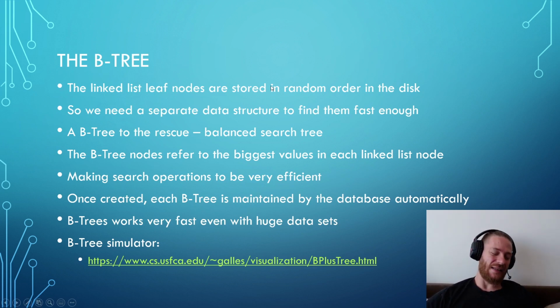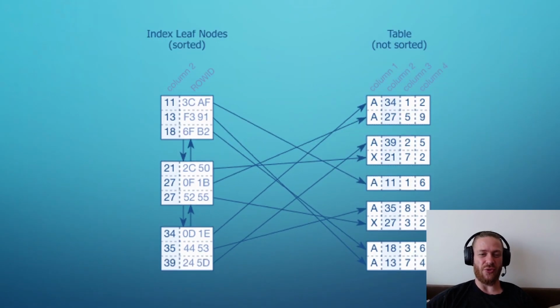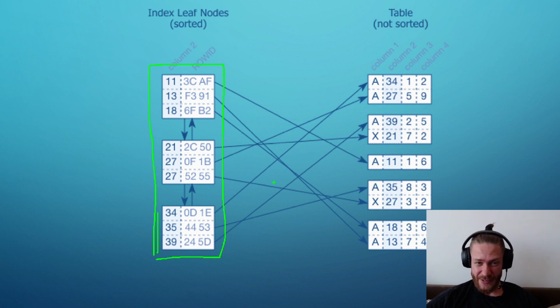After the linked list, there should be an efficient way to search for values, because we have a sorted linked list here, but what happens if we have tens of millions of records?